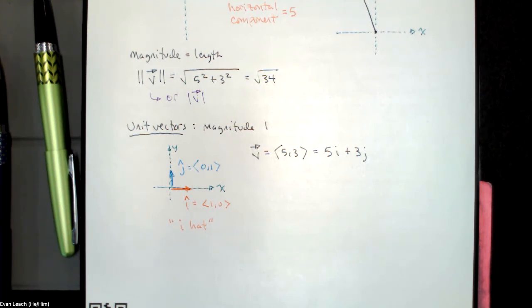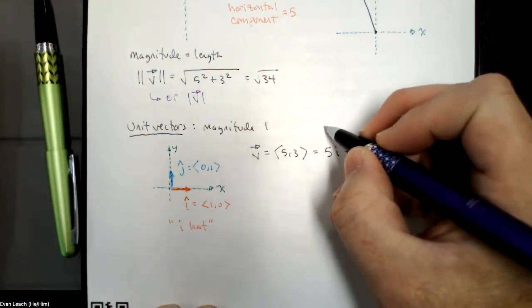This is also really good because it displays very clearly and very efficiently how scalars interact with vectors and what a linear combination is. This 5i plus 3j is a linear combination.